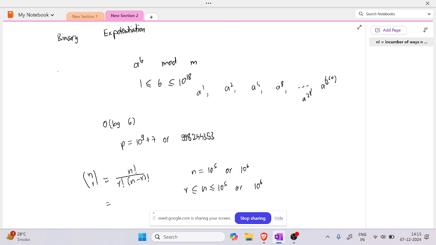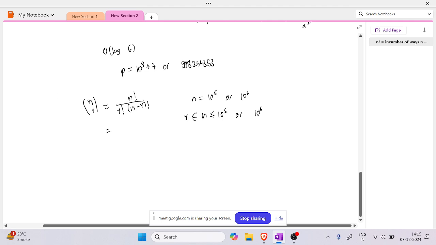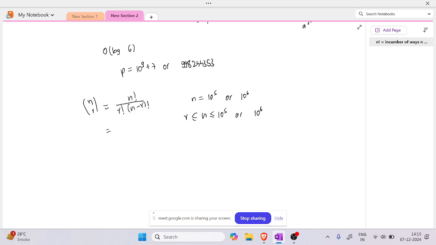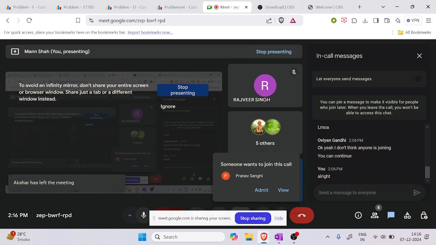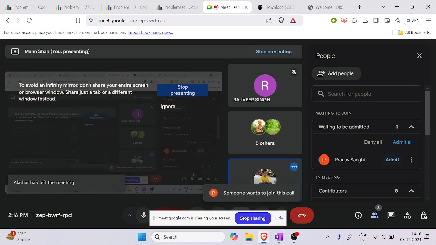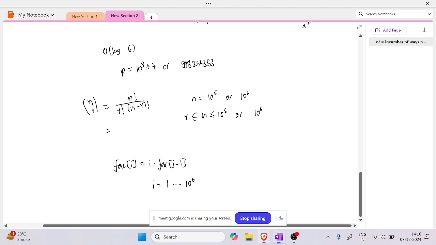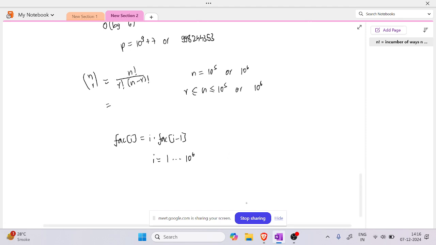So you can pre-calculate all your factorials, and the way you do that is very similar to how you do prefix sums, where factorial of i is i times factorial of i minus 1, and you run that for i equal to 1 to 10 to the 6.